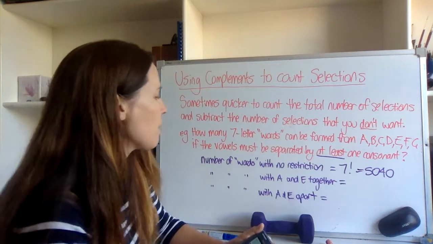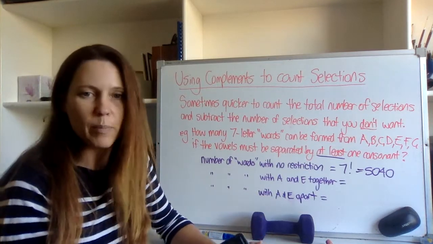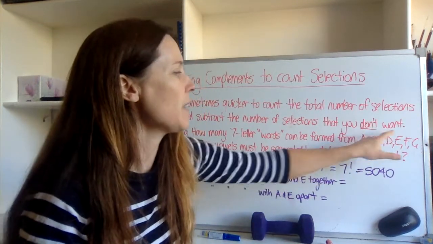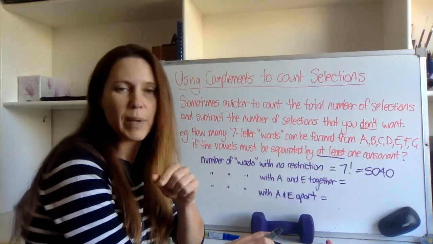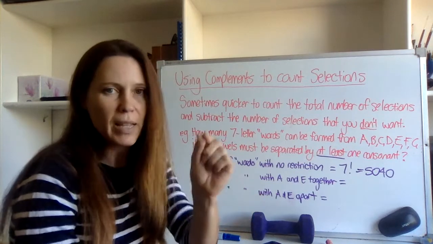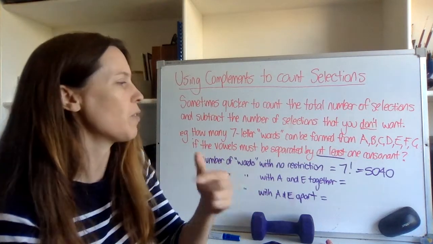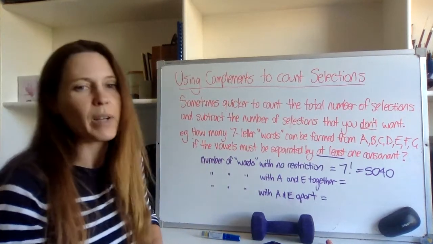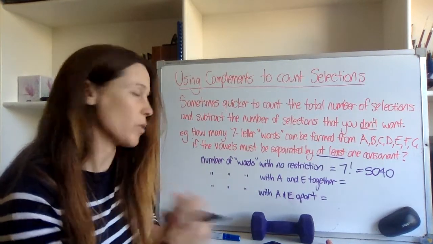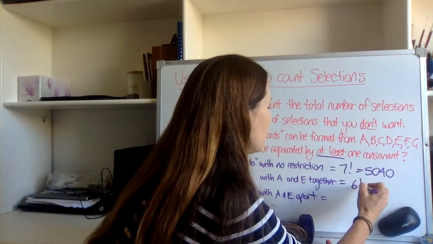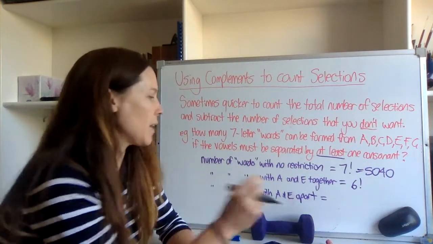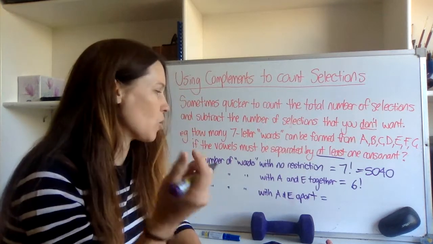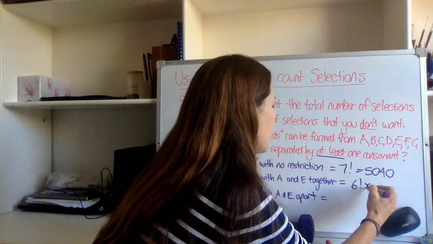Now, the number that have A and E together, consider what happens when you have to group some things. There's 7 letters, but if the A and the E are together in one group, there's basically 6 groups, because the A and the E form one group, and then the 5 consonants are in their own individual groups. So the number of ways that we can order 6 groups is 6 factorial, but we have to consider that that little group of A and E can be ordered in 2 different ways, because there's 2 different items there.